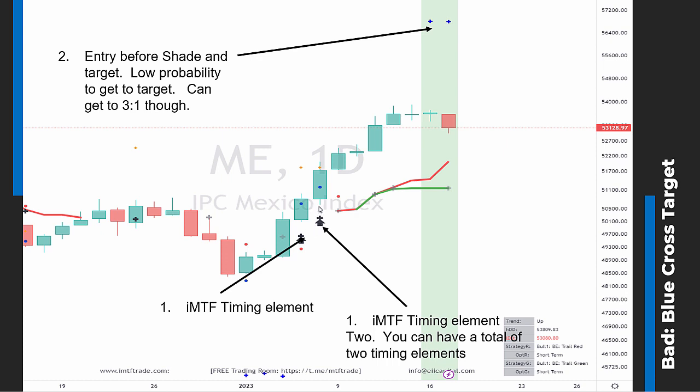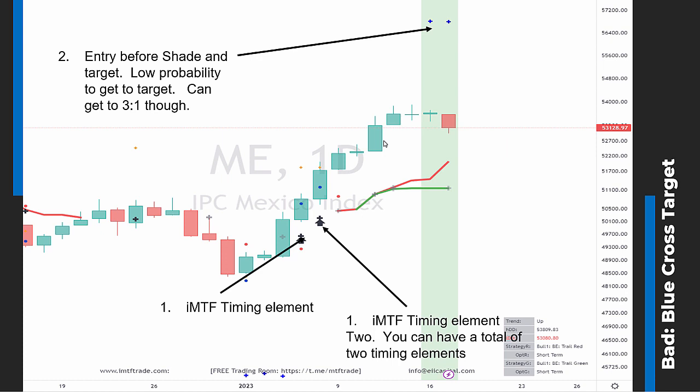Since this is not a new trend, because there's no previous targets at all, you're assuming this is an existing trend. If this is an existing trend, then all of a sudden these targets appear and this says this is a new trend. You're trading a consolidation pattern here, which is not a good situation.